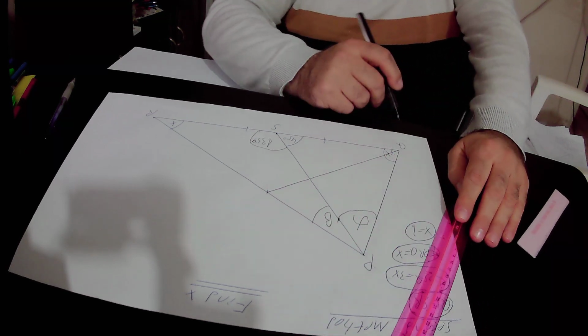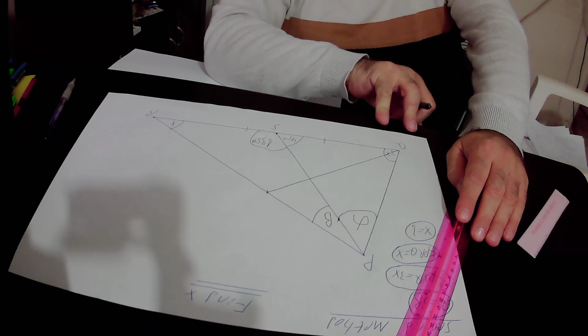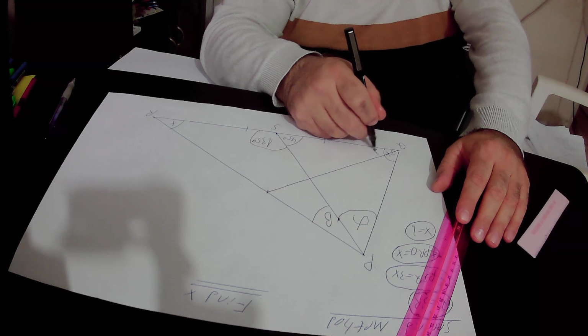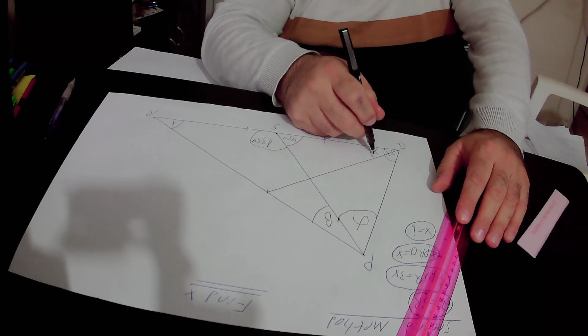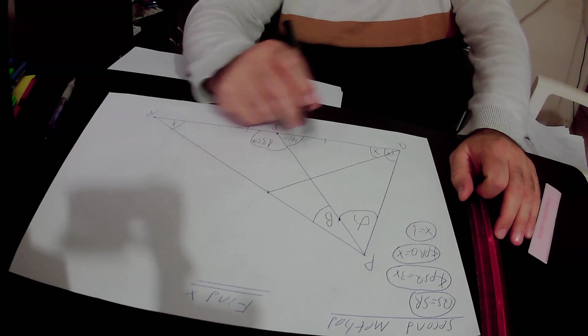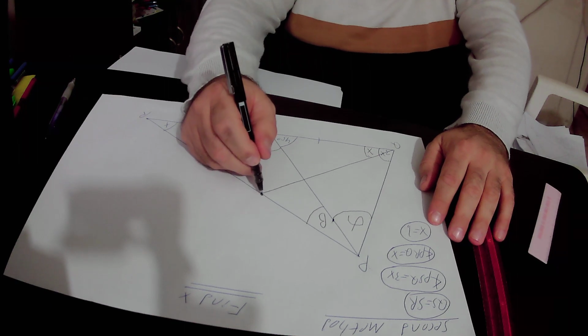I repeat again. We drew the straight line from point Q in such a way that this angle will be equal to x. We will define the touching point between the straight line from point Q to PR as point M.